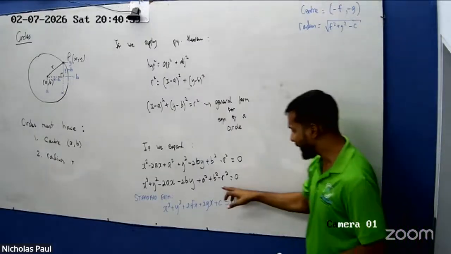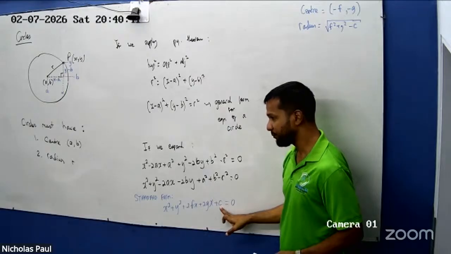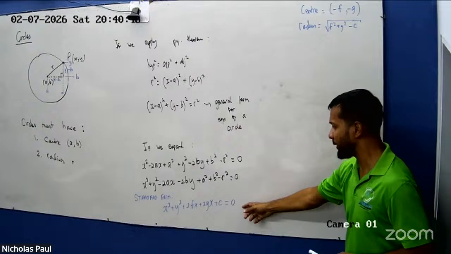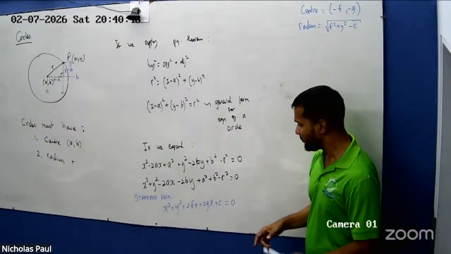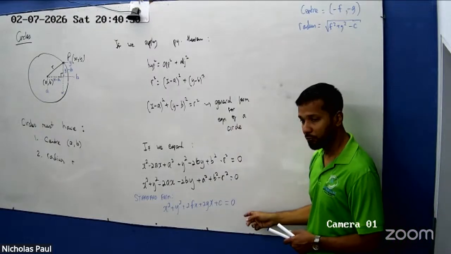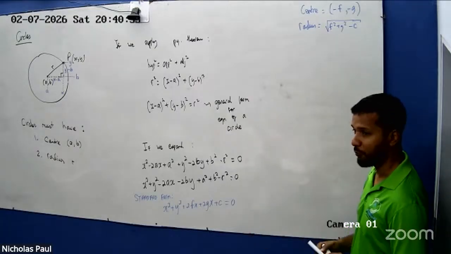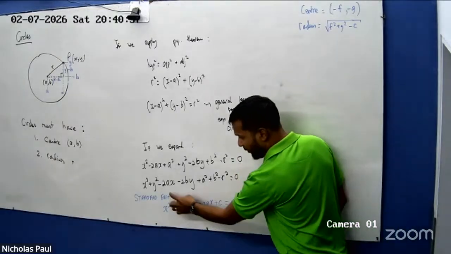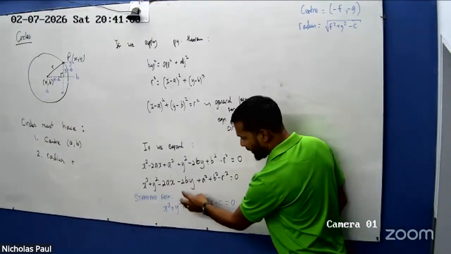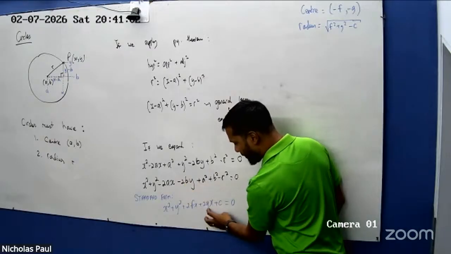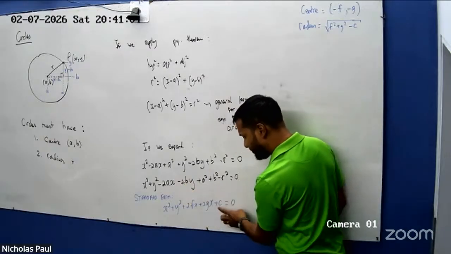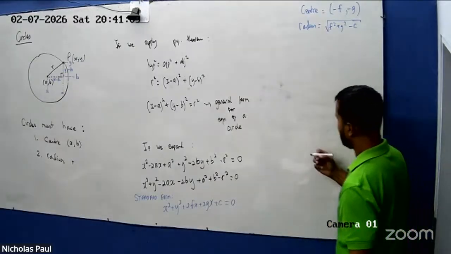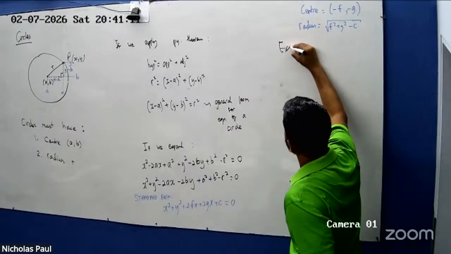So instead of writing this big thing, they just write c. You have two forms, general and standard form. Instead of writing minus a, they write f. Instead of writing minus b, they write g. And instead of writing a squared plus b squared minus r squared, they write c. I want to show you how to read them off.